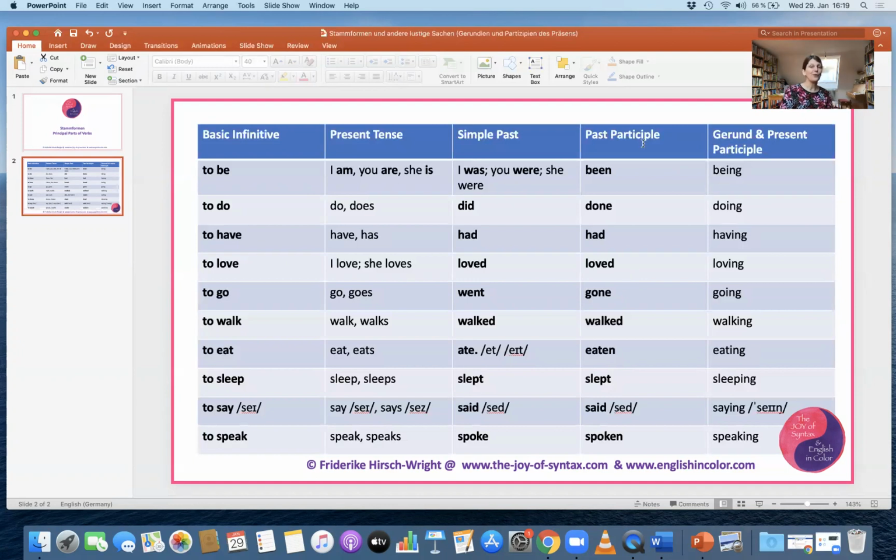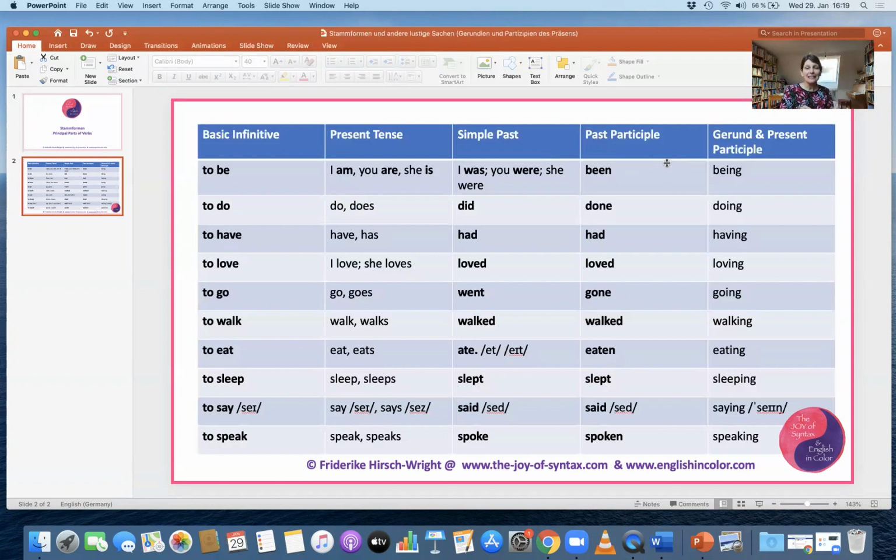And often they don't know that the third form is the past participle. And when you look at my overview here, it would be the fourth form, but it's often called the third form. Anyway, the past participle, and then they give the example, for instance, I have eaten. And then they say, and in regular verbs, you use have plus the simple past. And I go, no.